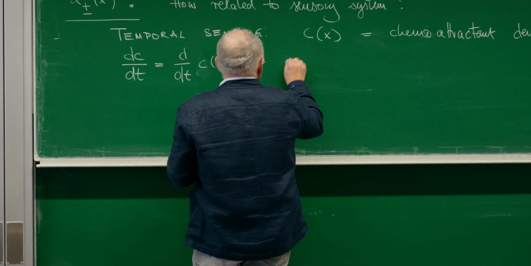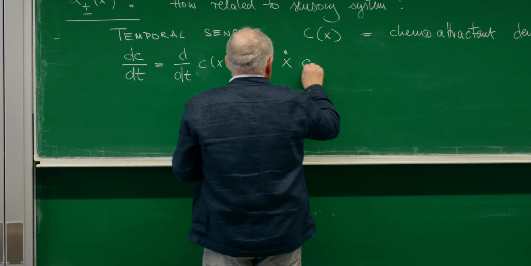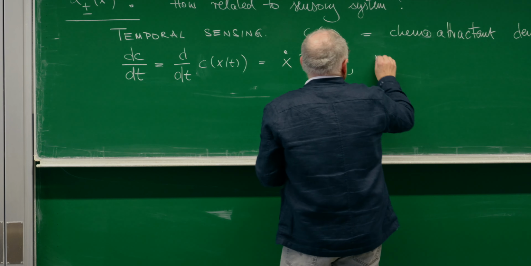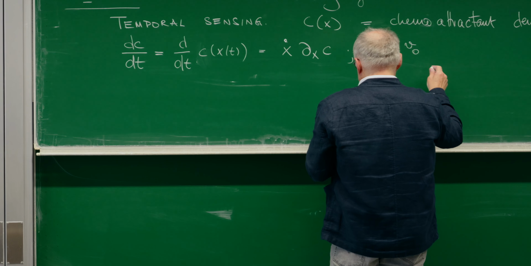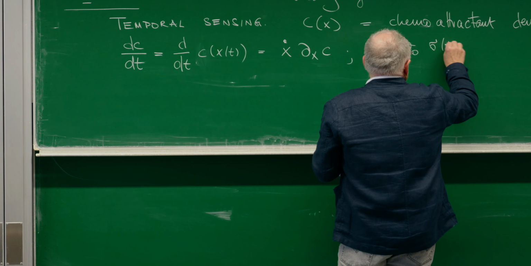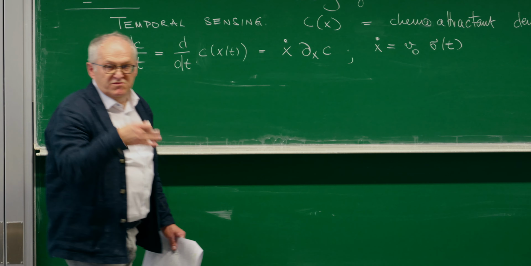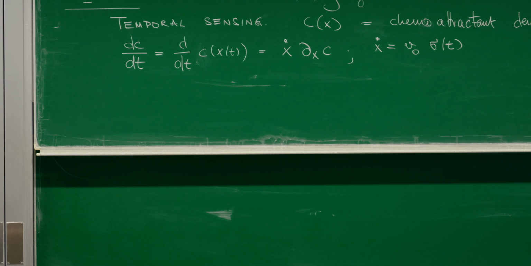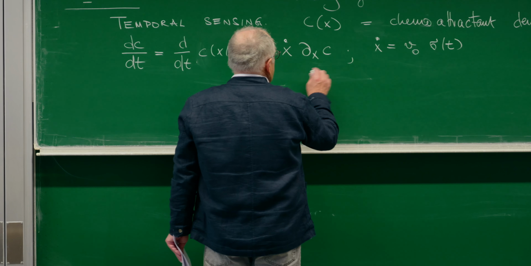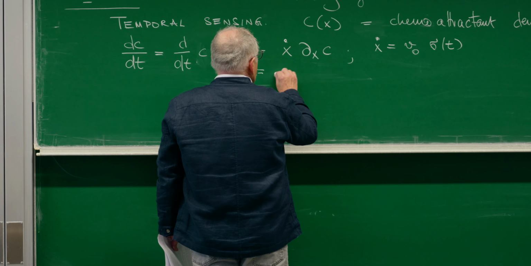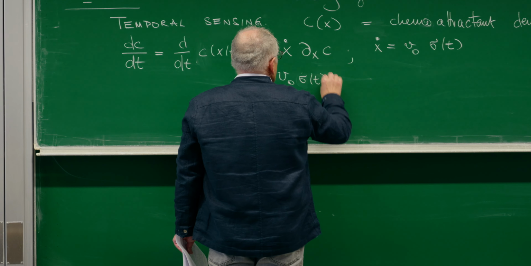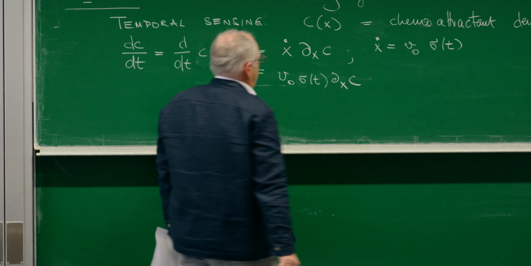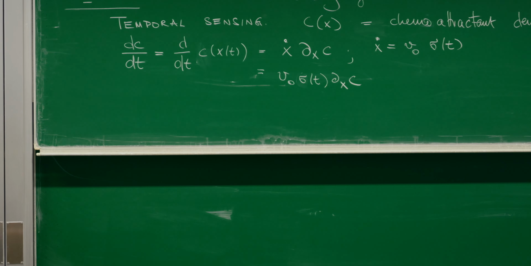And this is x dot times the gradient of c, and our x dot is the velocity v naught times sigma of t, which is whether you're moving to the right or to the left. So as you insert this here, this is equal to v naught times sigma of t times dx of the concentration of your external chemoattractant.